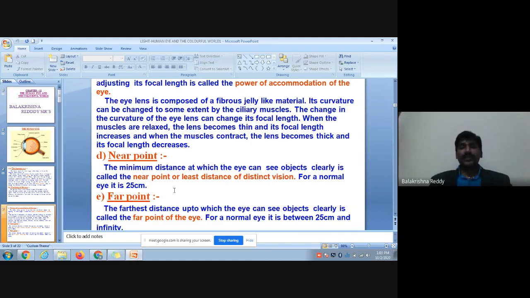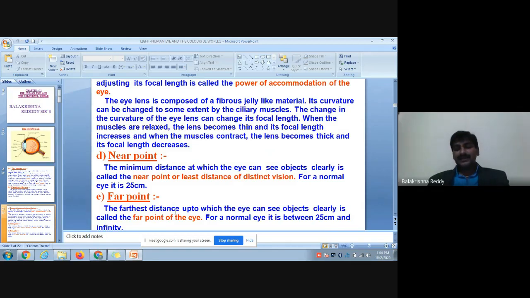Now, coming to the far point. In the case of the far point, it may change from person to person. An adult person who is in good health and has good eyes can see a longer distance very clearly. I can see some hills, and on the hills I can see the trees, whereas some people can only see the hills and cannot see the trees.